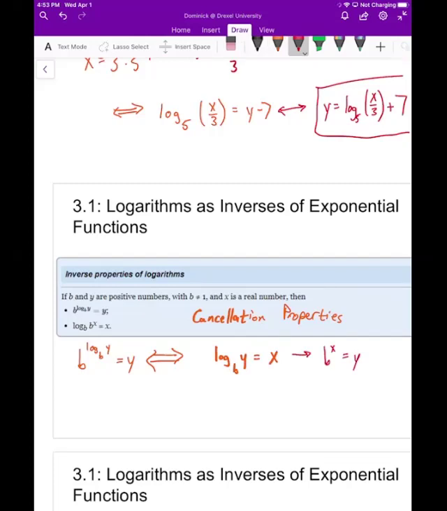So let's see, what am I missing here? I don't think that's the way I want to explain it either. Let me come back to that one. The second one should be easier, and that might give me a better idea of how to do it. Okay, so we have log base b of b to the x is equal to x.